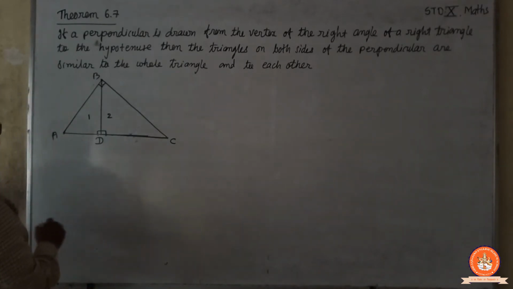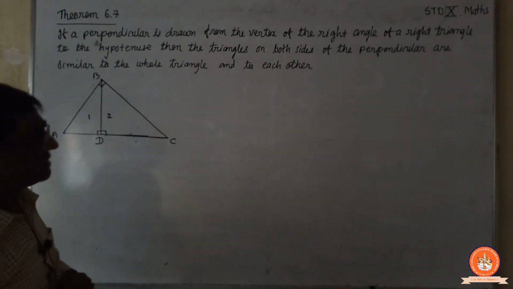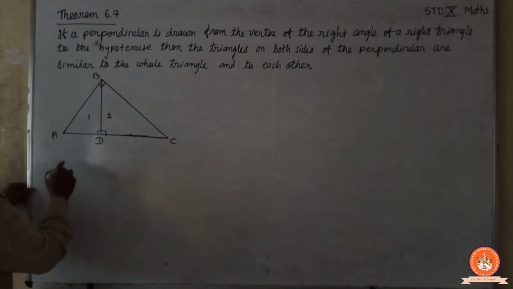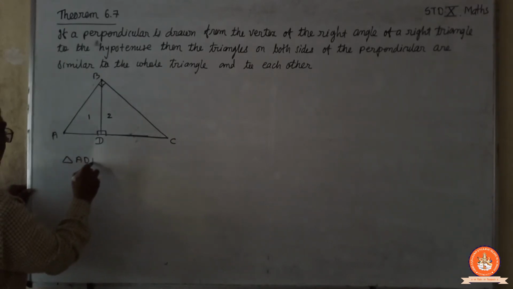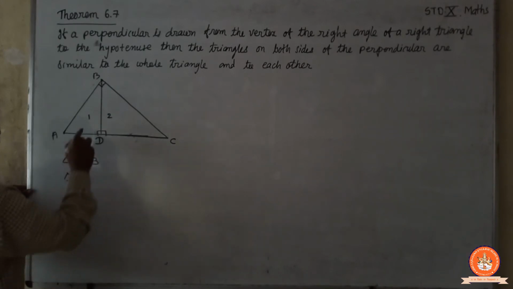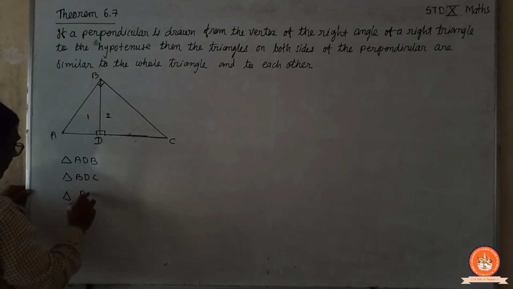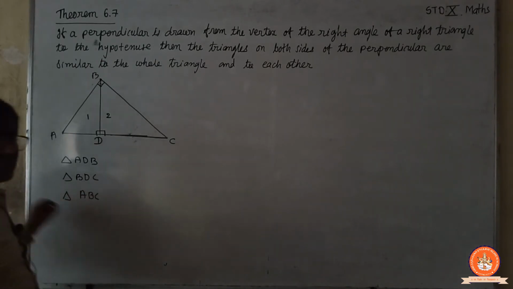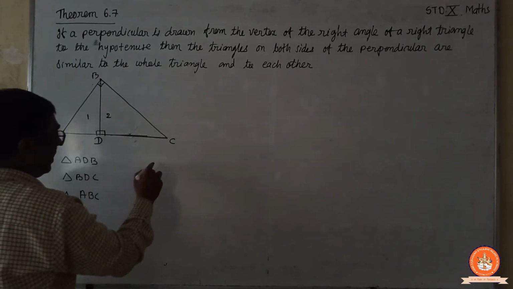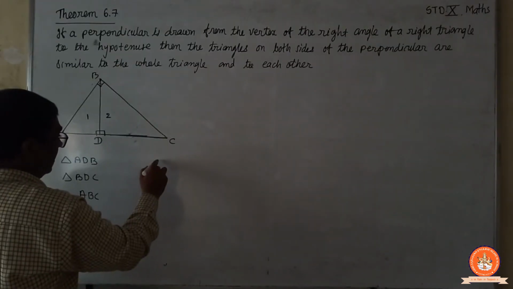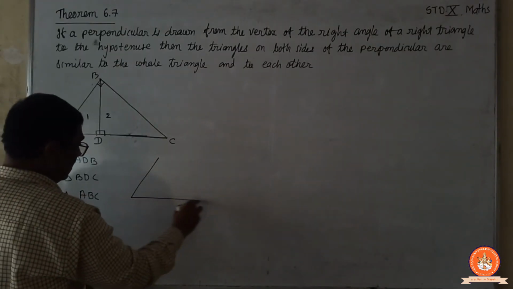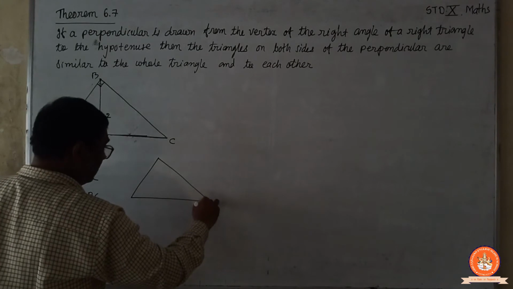Okay, now my friends, we just discuss it. So one triangle is triangle ADB, triangle BDC and whole triangle ABC. Look at it.